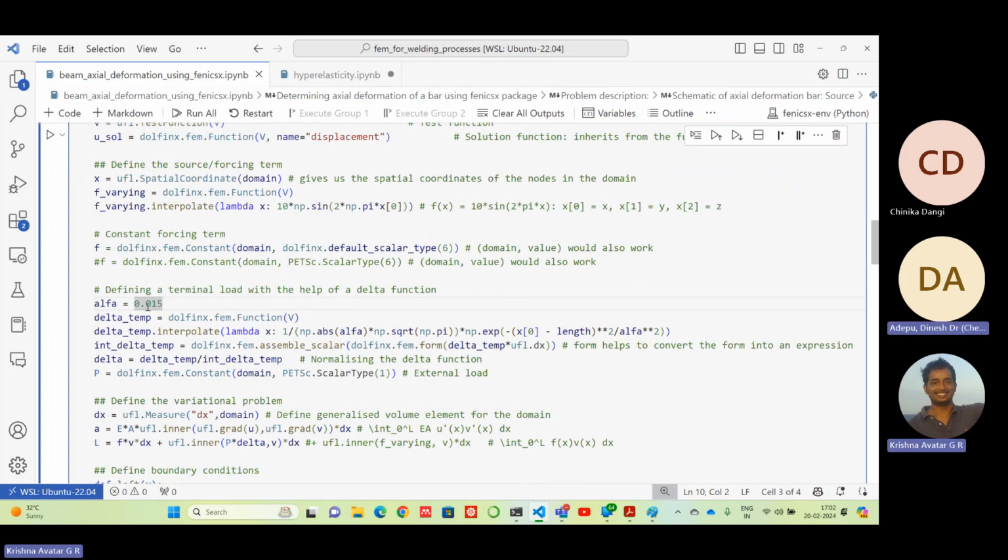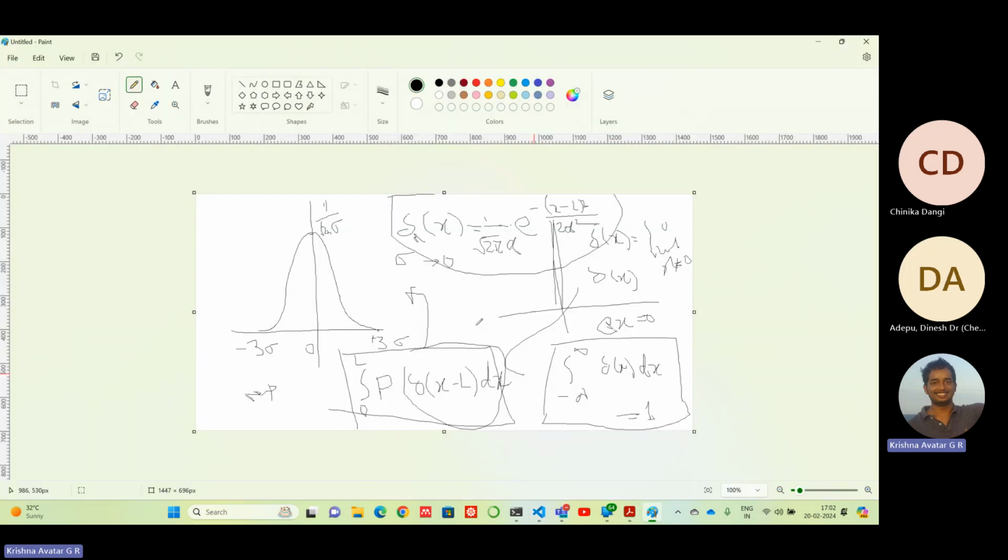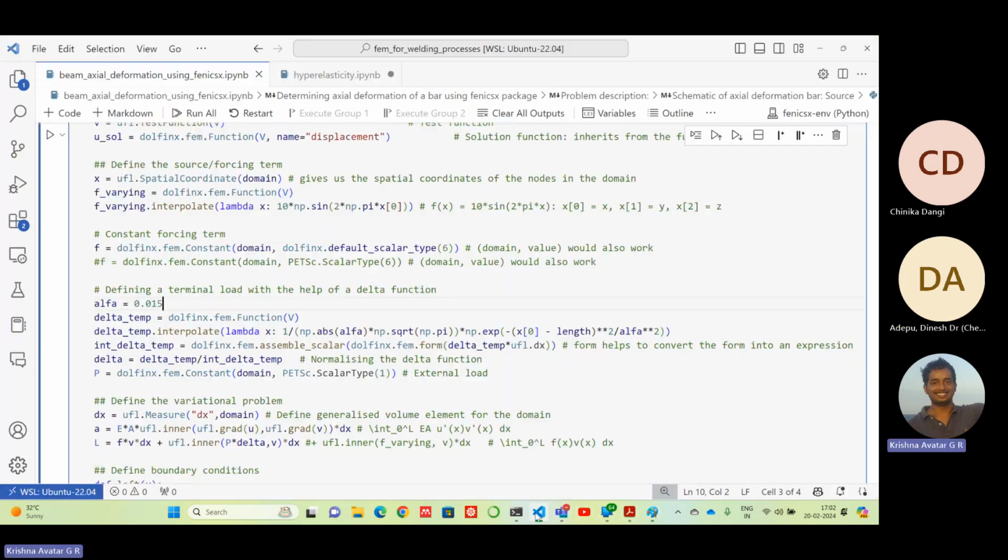So alpha is equal to 0.015. What I had drawn in the figure happens to be already normalized. But here we can also do one thing: we'll just divide by 1 by alpha into the square root of pi, into e to the power minus (x minus L) whole squared divided by alpha squared.